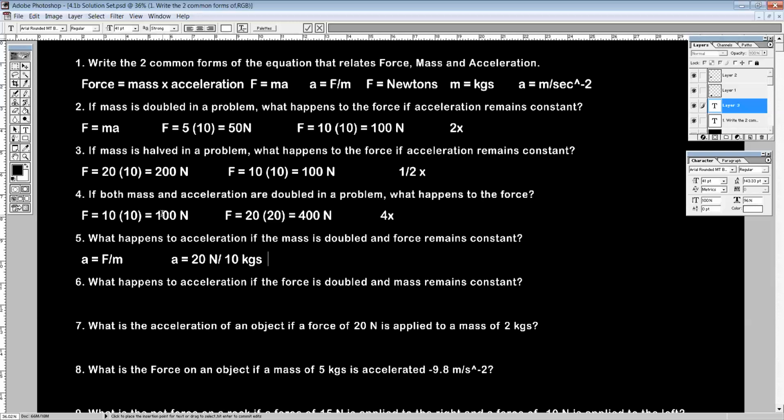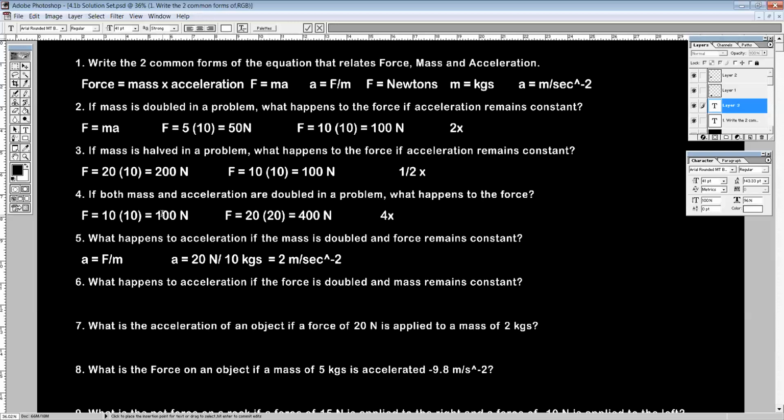All right, so our result is going to be 20 divided by 10. Our first result is going to be an acceleration of 2 meters per second squared.